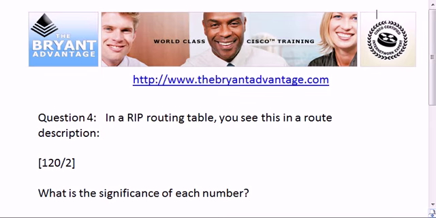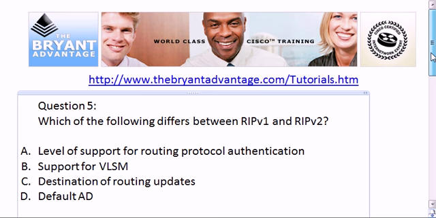And then finally, we were just talking about AD a moment ago. Which of these differs between RIP version 1 and RIP version 2? The first 3 all do. RIP version 2 supports routing protocol update authentication, but version 1 does not. RIP version 2 supports VLSM, RIP version 1 does not.